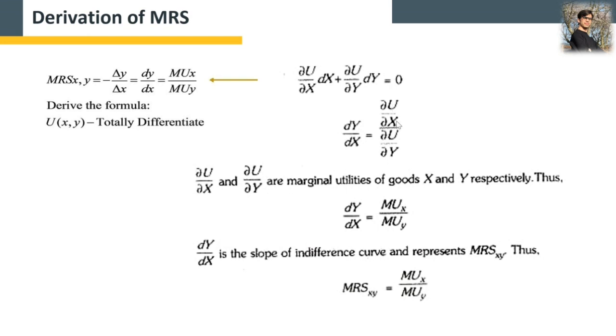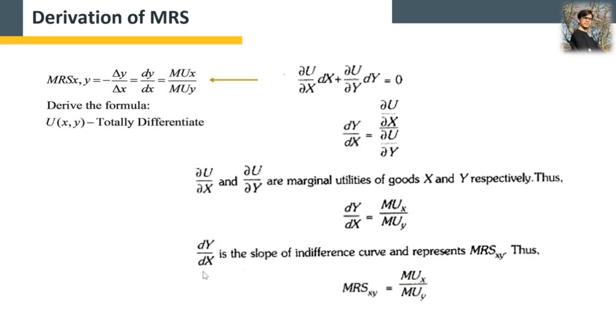But what are the partial derivative of utility with respect to x and the partial derivative of utility with respect to y? They are the marginal utility of good x and good y, respectively. Thus, we can simply write that negative dy over dx is equal to the marginal utility of x divided by the marginal utility of y.